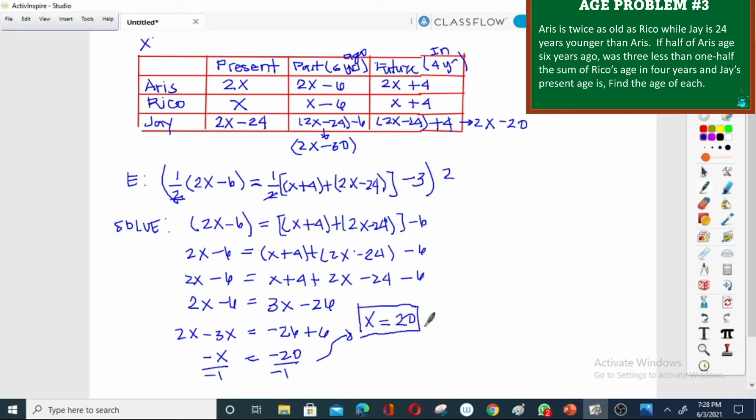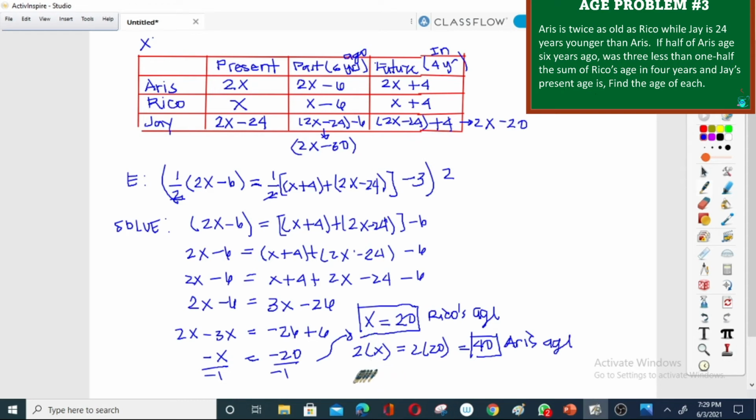This is the age of Rico. And then Ari's age is 2 times x, which is 2 times 20, which is 40. This is Ari's age.